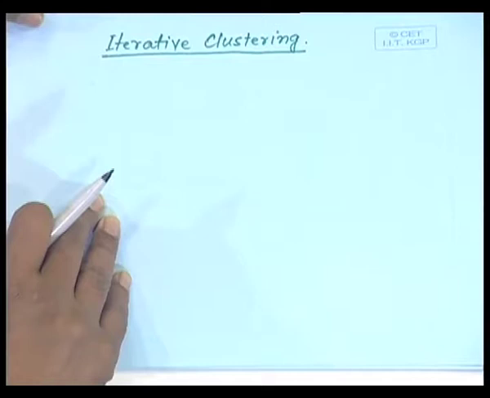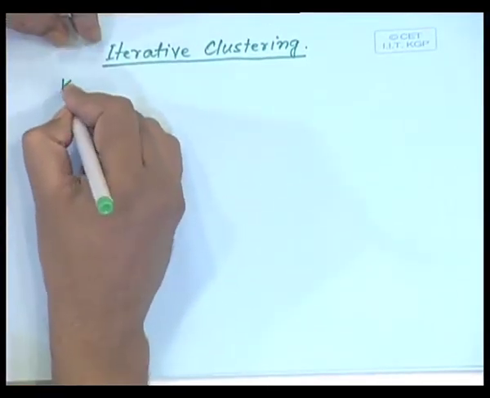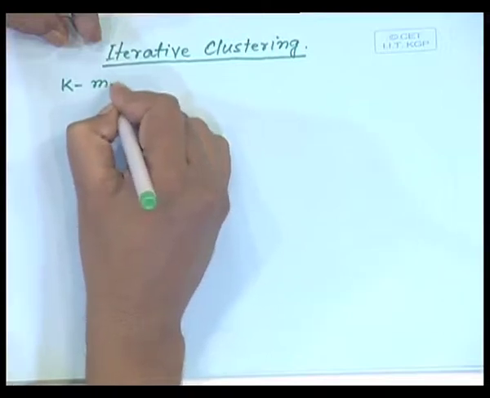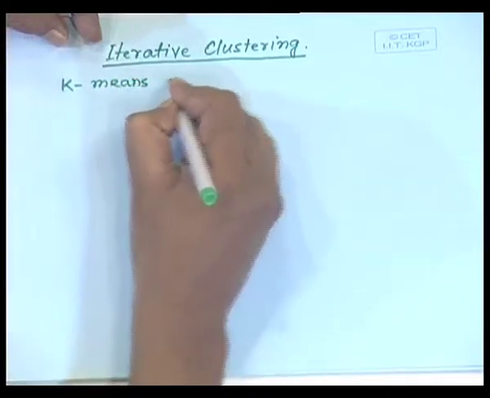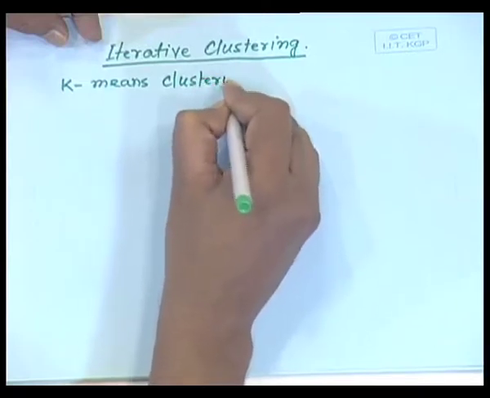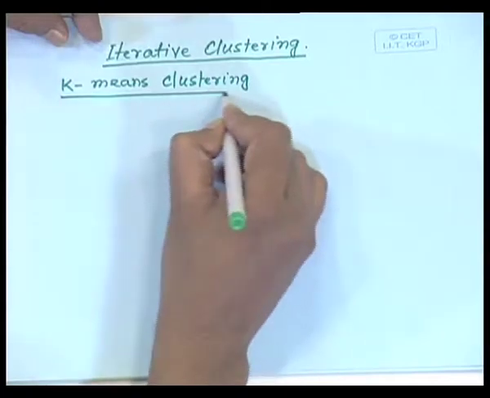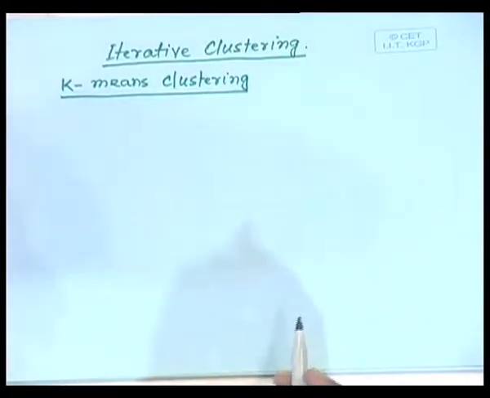So, one of the very popular iterative clustering techniques is called k-means clustering. Its concept is very simple.